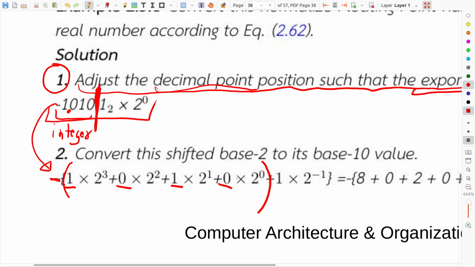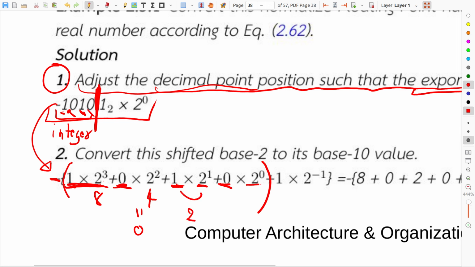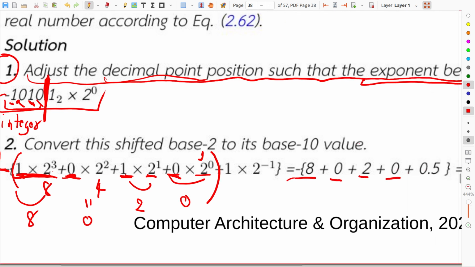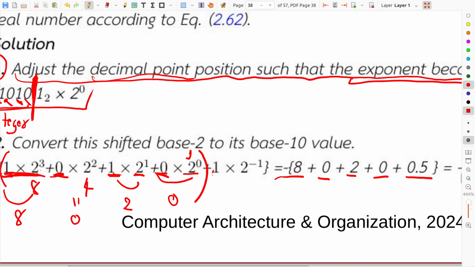The positional value of the first 1 is 2 to the 3, which is 8. This bit is 0, so times 4 becomes 0. This 1 times 2 to the 1 becomes 2. 0 times 2 to the 0, which is 1, becomes 0. So it's 8 plus 0 plus 2 plus 0, followed by this part.